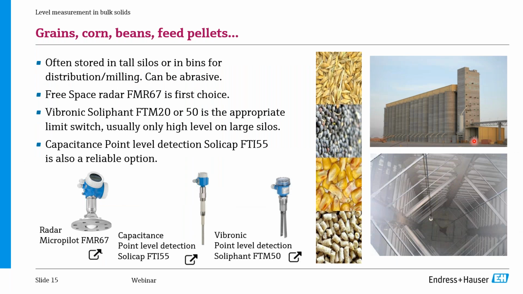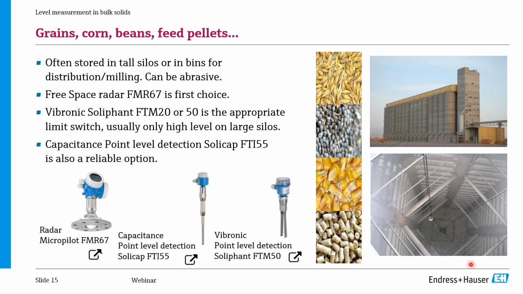All right. And now, moving to a different scenario, we already talked about very thin particles. Now let's focus a little bit more on larger particle sizes. We can still have dust here, but this is a much better condition to handle compared to very small particle sizes. For these applications, on a continuous level measurement, the free space radar is always the first choice.